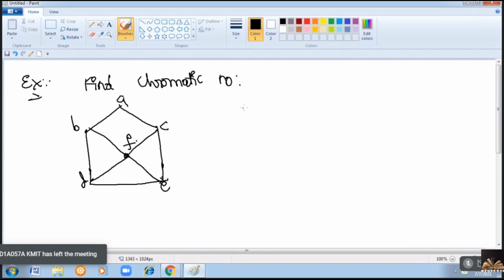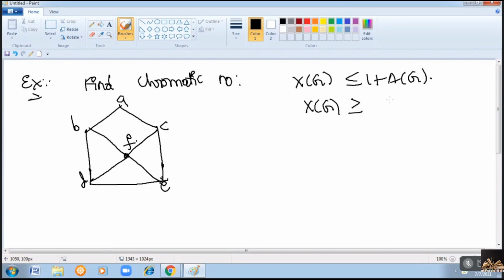One way is, if you know the minimum and maximum range, then it is easy for you to know the chromatic number, right? How to know the minimum and maximum range? Using the two formulas I just gave you. First you need to know the degree of the vertices.